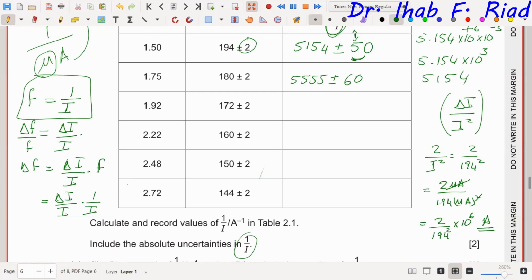It is 5814. And what is the uncertainty? 70. Good.